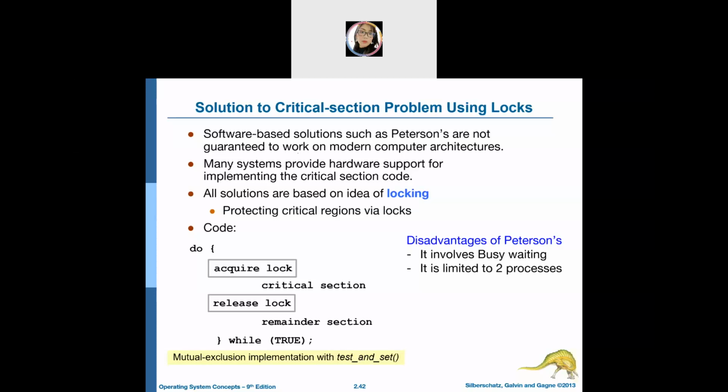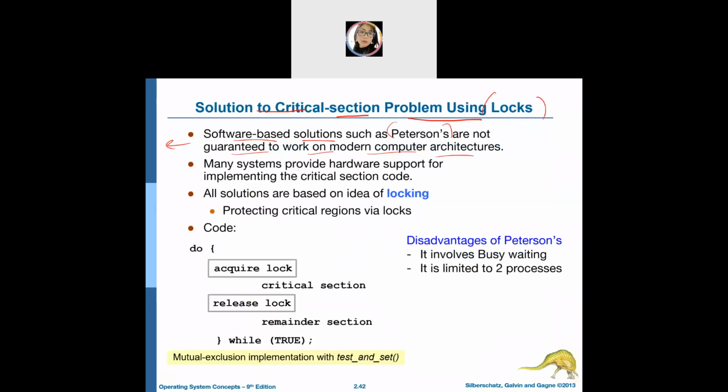Under solution to critical section problem, we're going to use another method, but now we're going to use a lock. Software-based solutions like Peterson's are not guaranteed to work on modern computer architecture. Just now, you already looked into the Peterson, right?